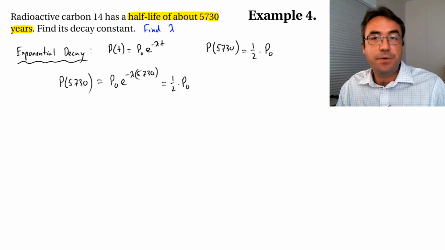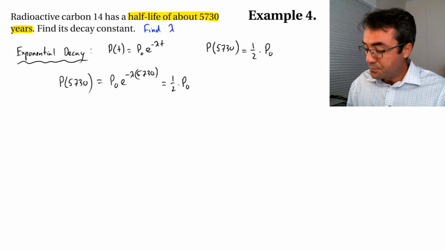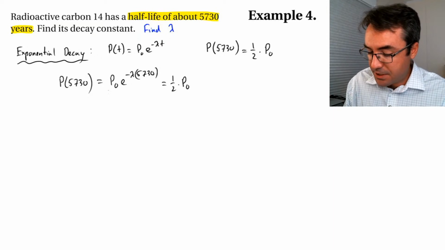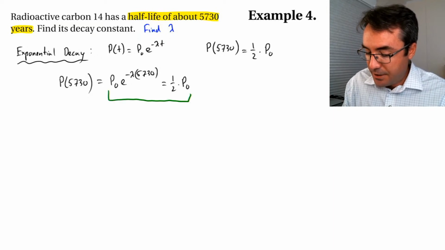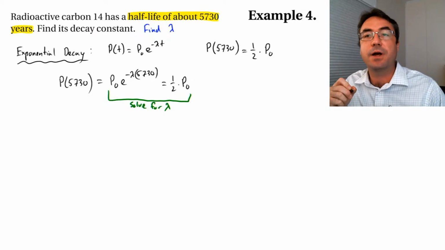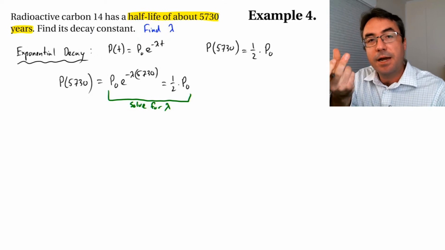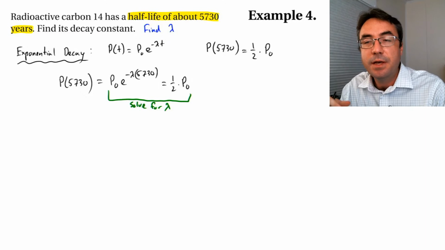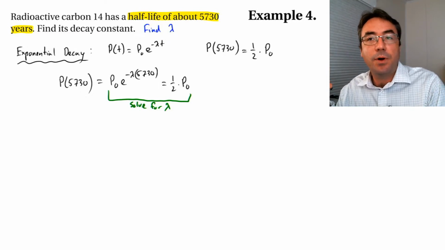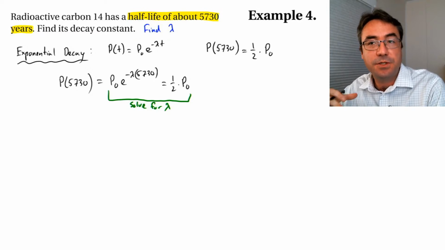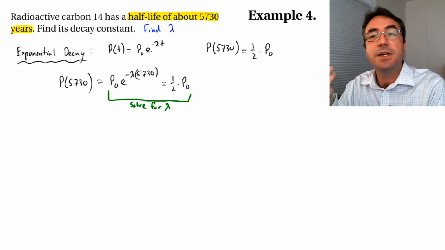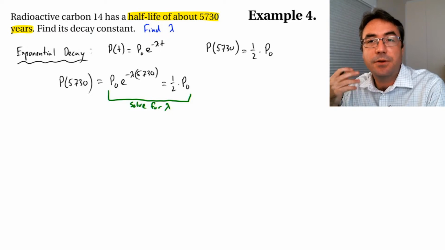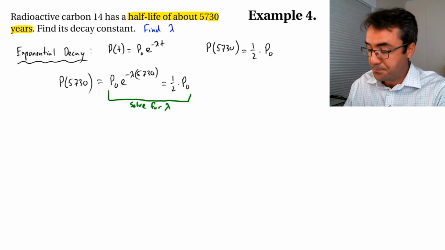So if we set those two values equal to each other, what does this give us? Well, it gives us an equation that we can then use to solve for lambda, and that's what we're trying to find. So we take our exponential decay formula, plug in the time value that we have, take that other data point that we know, that the mass after 5,730 years is equal to 1/2 our starting mass, and set those two values equal to each other. That gives us an equation.